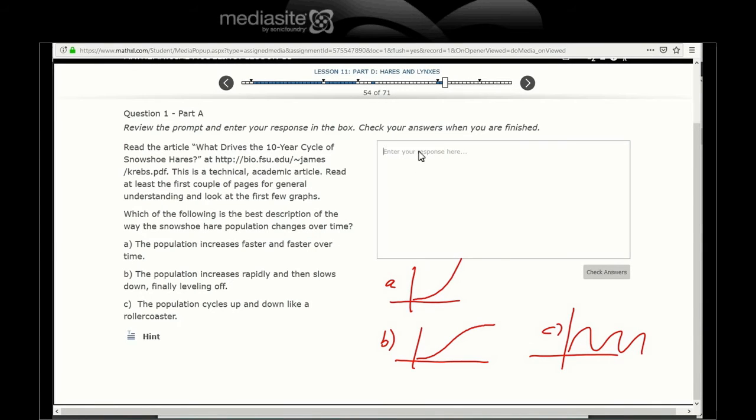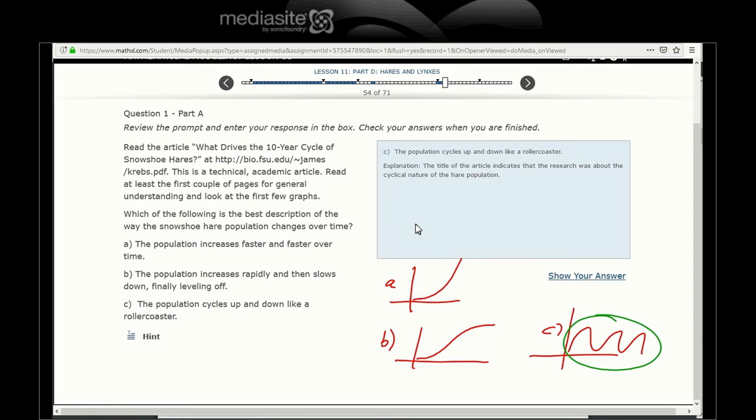So, C, like a roller coaster. And the 10-year cycle makes it even tighter. To have a cycle means you're going up, going down, going up. A cycle means you're repeating some occurrences.